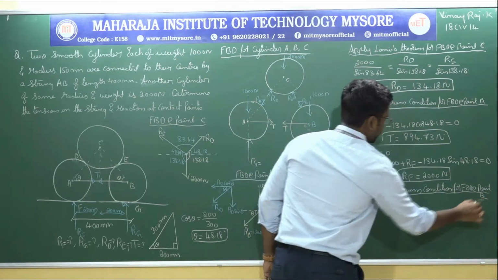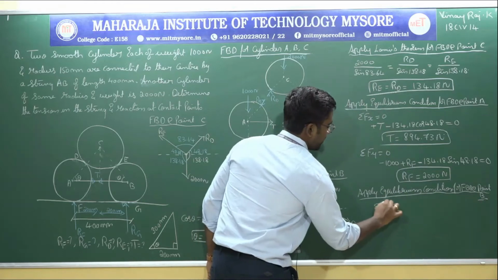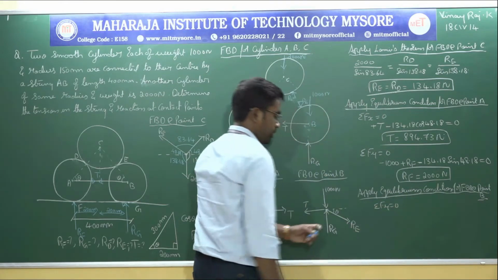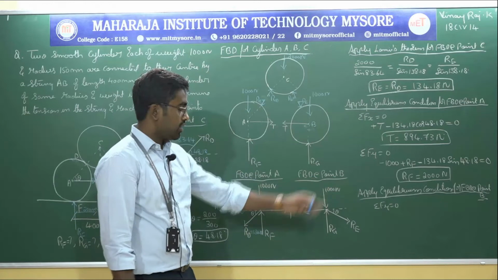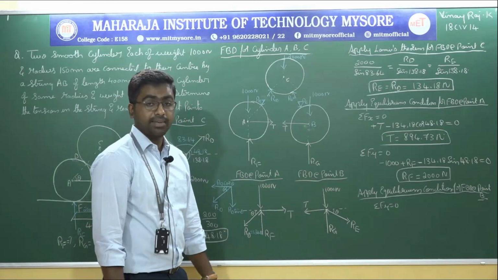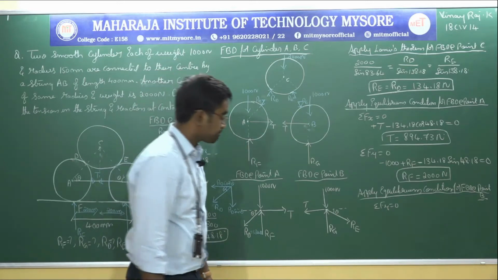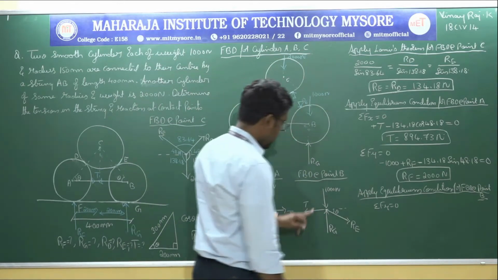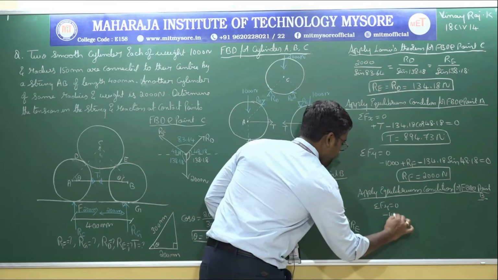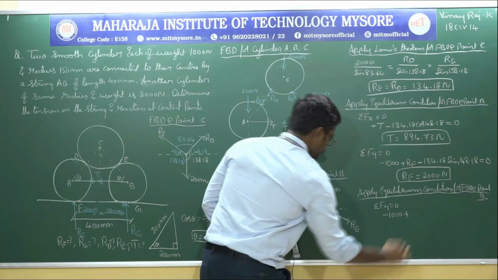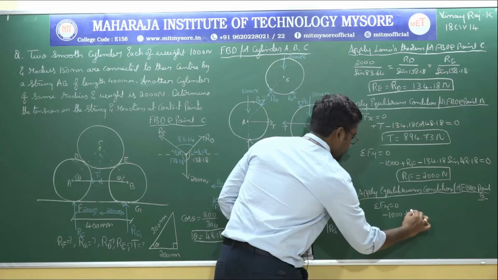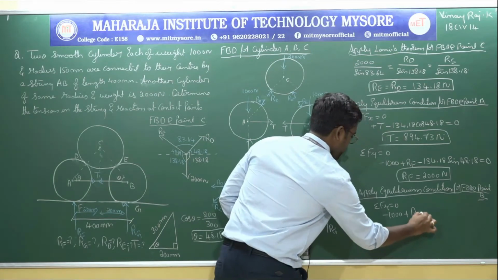At point B, I need to apply summation of Fy is equal to 0, because the unknown is vertical. If you take the horizontal condition, that is summation of Fx is equal to 0, you will not get this unknown, right? So this is minus 1000 plus Rg.